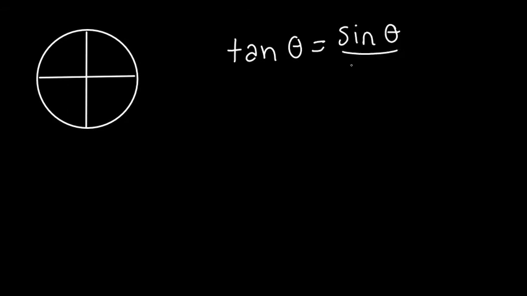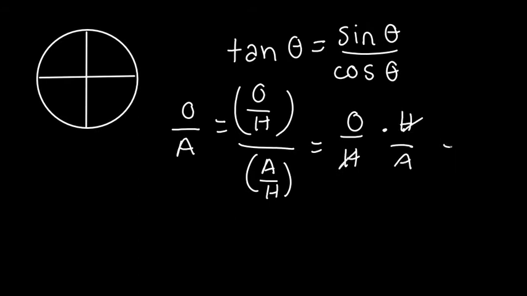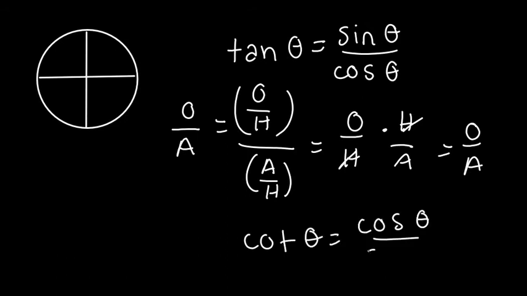And this comes from just saying that tangent is equal to opposite over adjacent, and this is equal to opposite over hypotenuse divided by adjacent over hypotenuse, which is equal to O over H times H over A, which just cancels out to be O over A. And then if you were to just take the reciprocal of tangent, that's cotangent theta, which is cosine theta over sine theta.